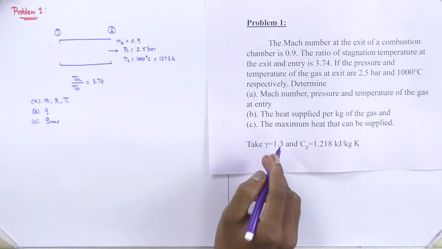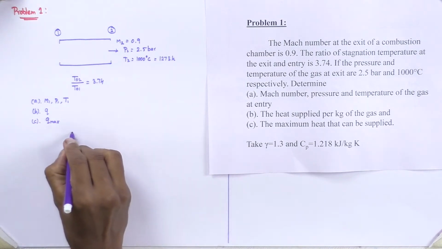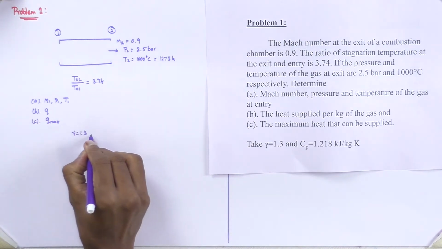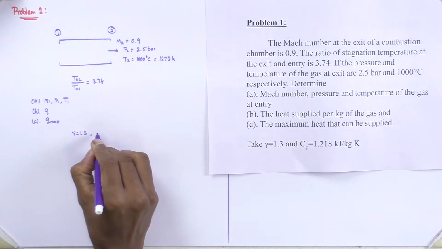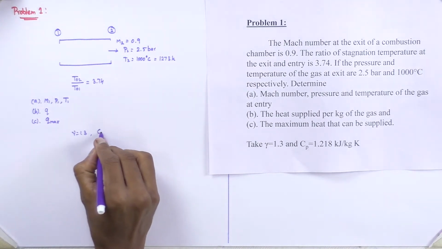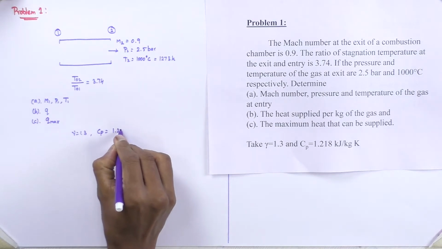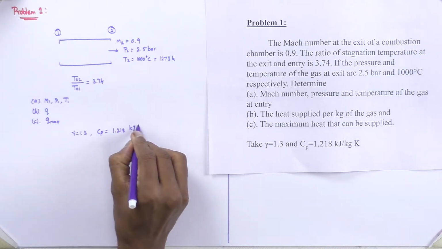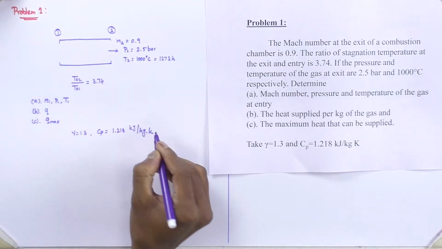Take specific heat ratio gamma equal to 1.3 and specific heat at constant pressure Cp equal to 1.218 kilojoule per kg Kelvin.